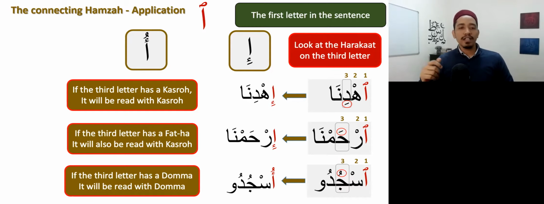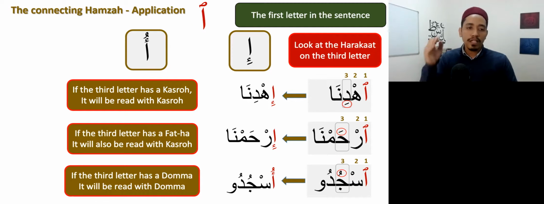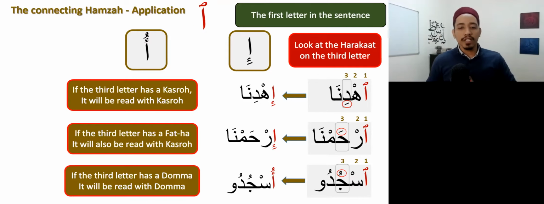We look at the third letter. Ihdina, how do you know? I can see a kasra on the third letter. Irhamna, there's a fatha on the third letter, so the rule says the connecting hamza will be read with kasra. And when will it be read with a dhamma? If the third letter has a dhamma.